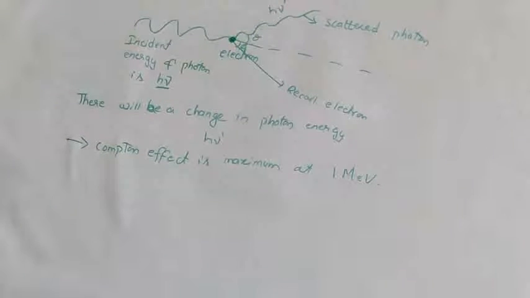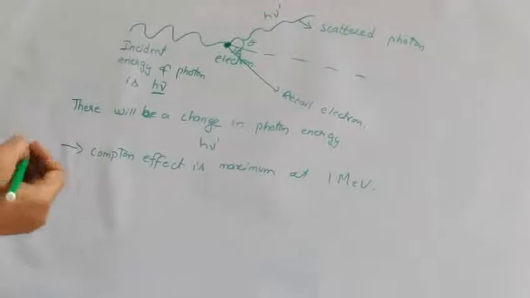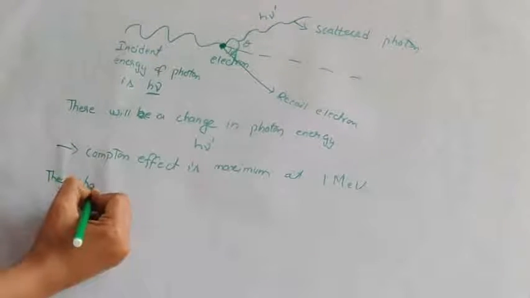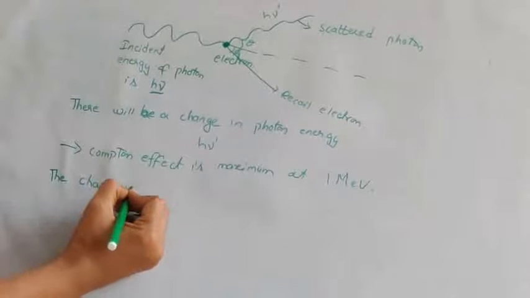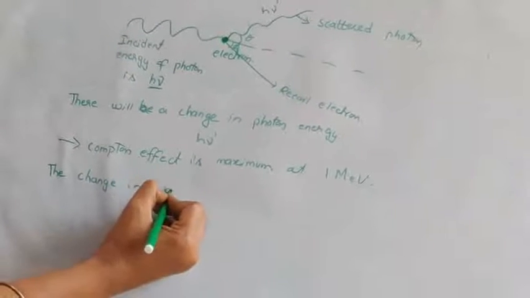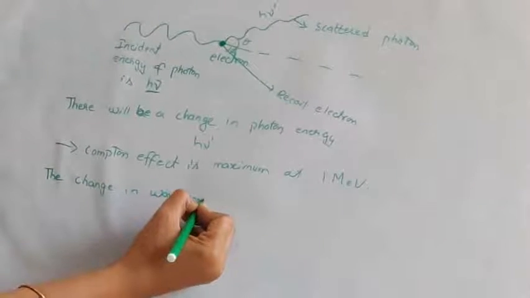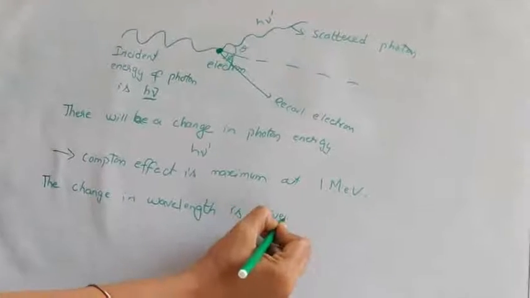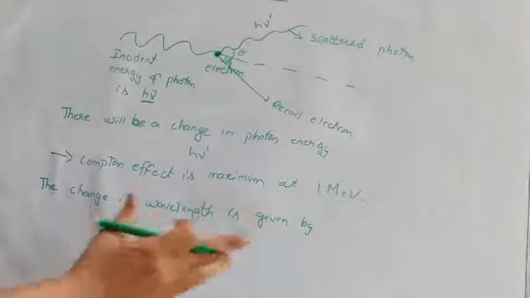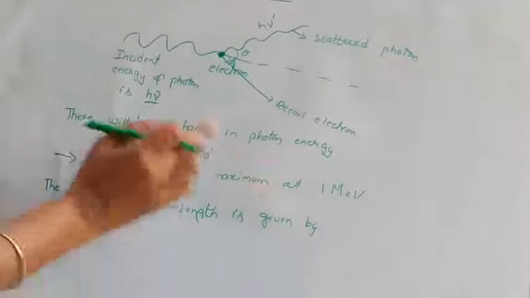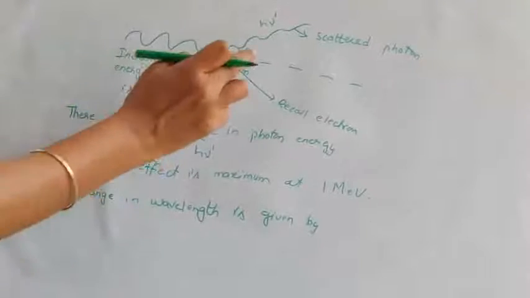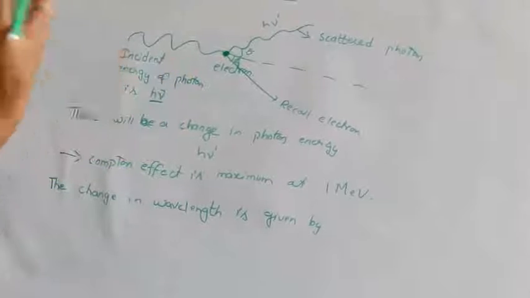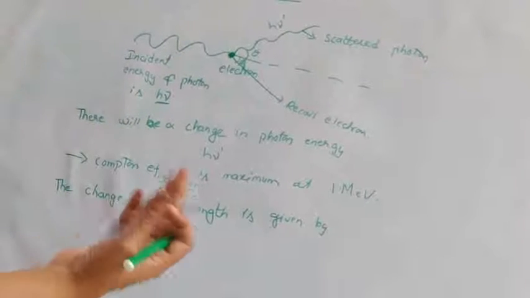So the change in wavelength is given by, why will there be a change in wavelength? Because the incident photon energy is different and the scattered photon energy is different. So as their energies are changing, definitely there will be a change in wavelength also.